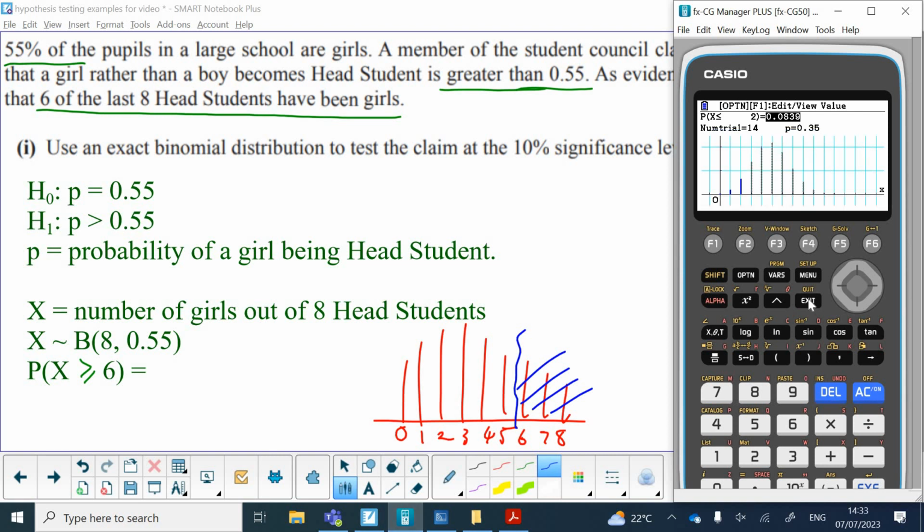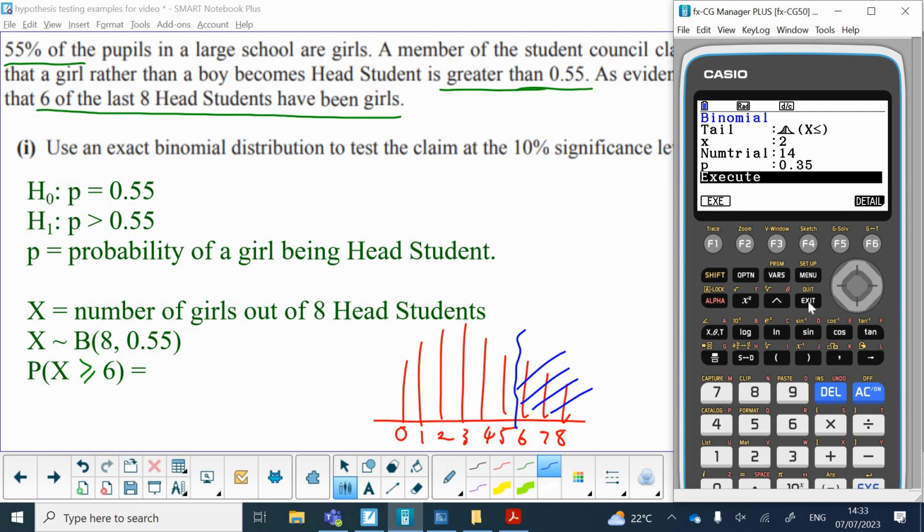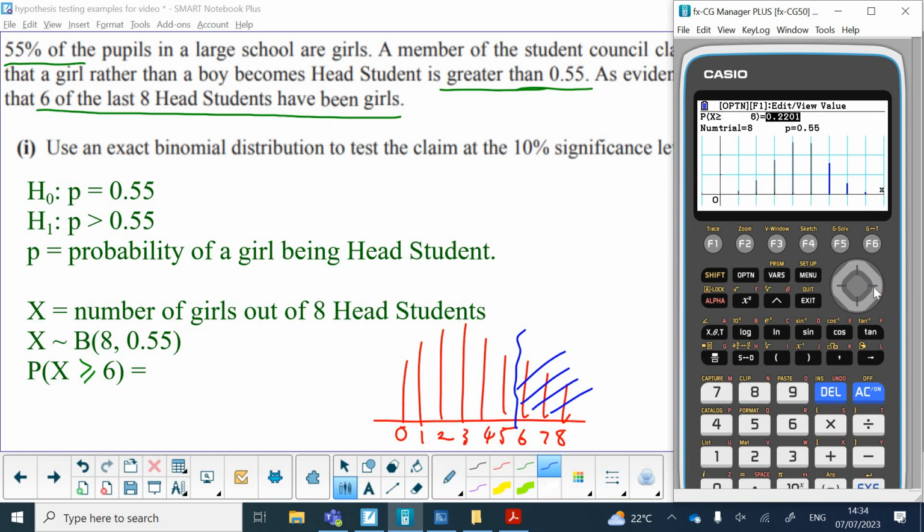So exit, and we exit because we want to change the number of trials and the probability of success, and in fact x. So we want to do greater than or equal to 6, number of trials as 8, and the chance of success is 0.55. Okay, so let's look at this probability.